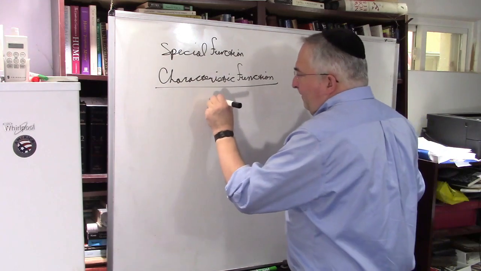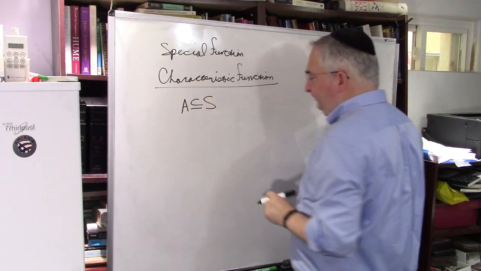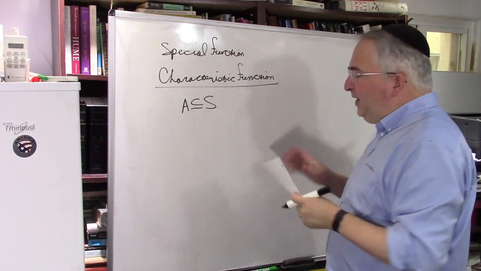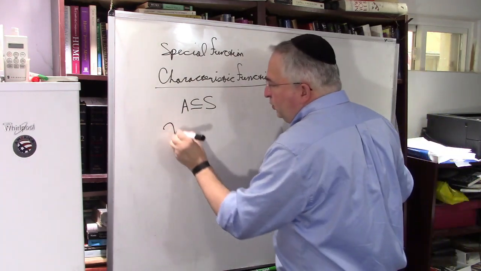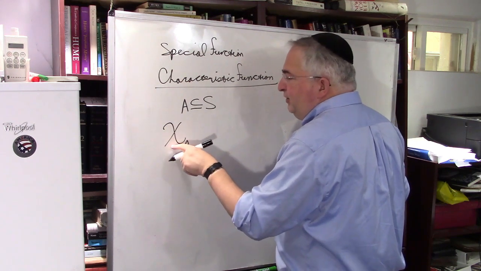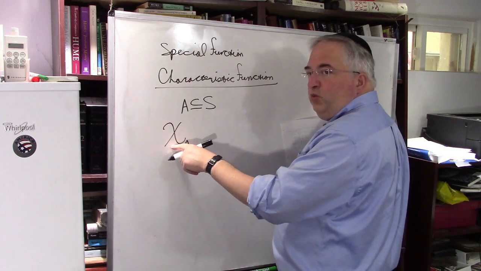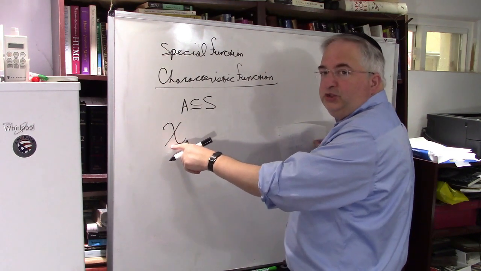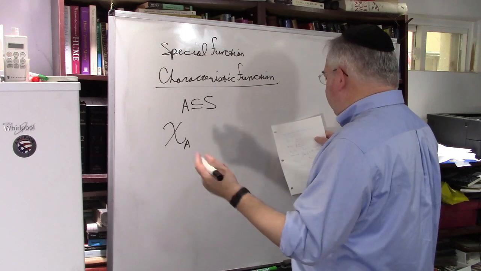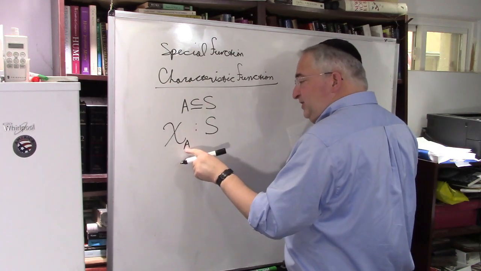Okay? You have A is a subset of S. And we're going to make a special function called chi, that's a Greek letter chi. And you're supposed to think of the word characteristic. So chi, characteristic. Okay, fine. Anyways, this function has a subscript.